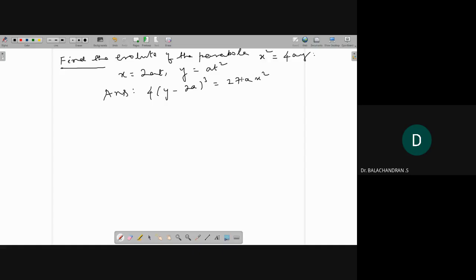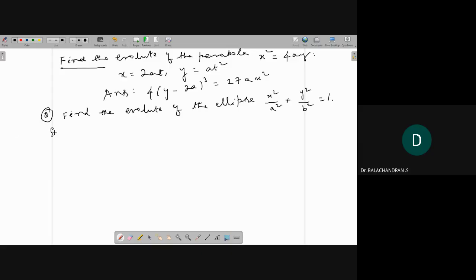Now the next problem is: find the evolute of the ellipse x square by a square plus y square by b square equal to 1.